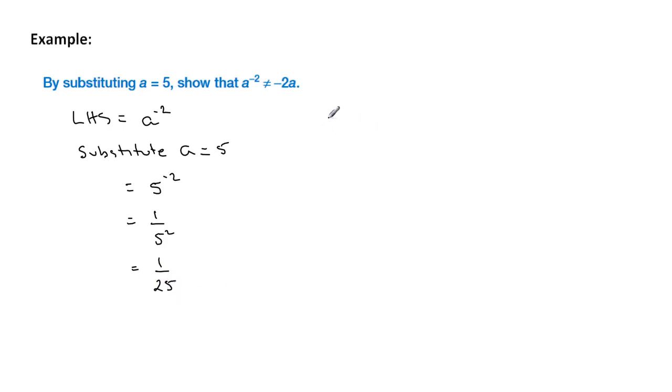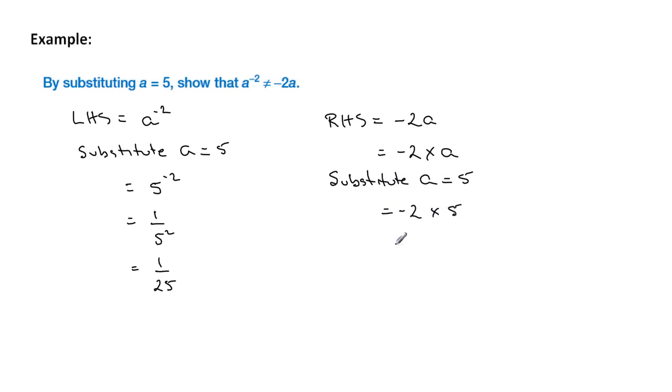Let's look at the right-hand side. The right-hand side is equal to minus 2a, which would be minus 2 times a. So we're going to substitute a equal to 5 into this expression, and we get minus 2 times 5.